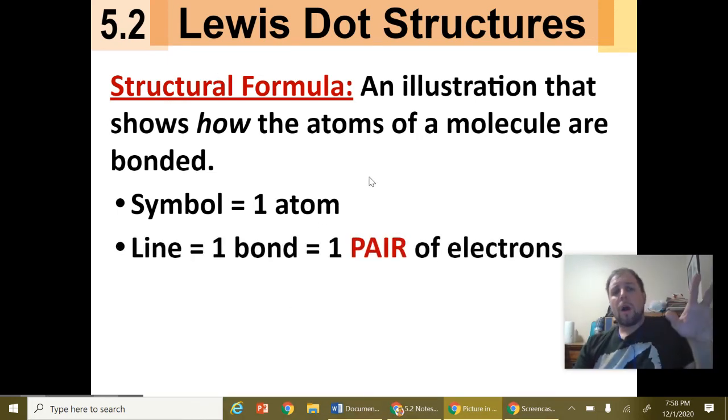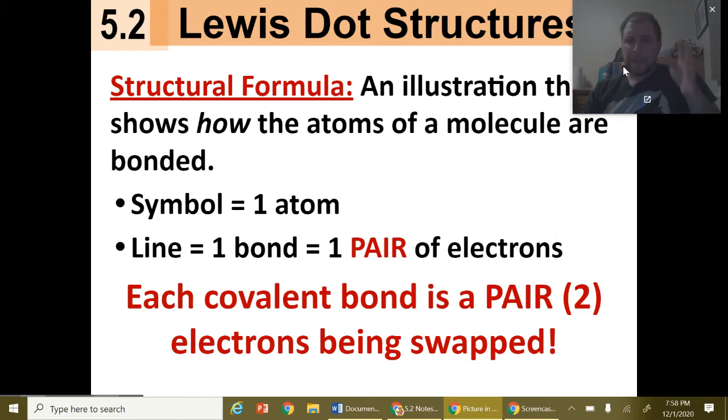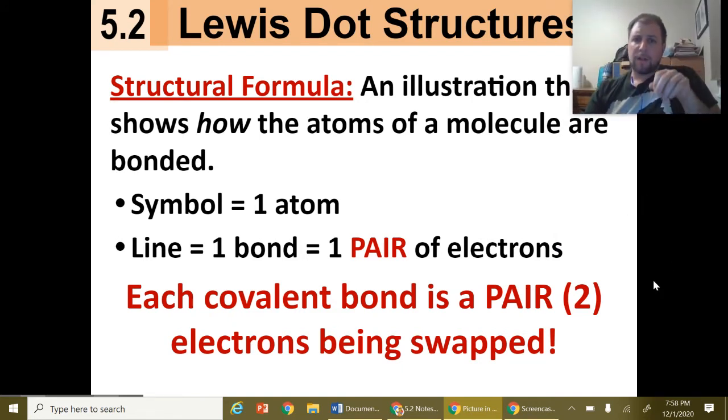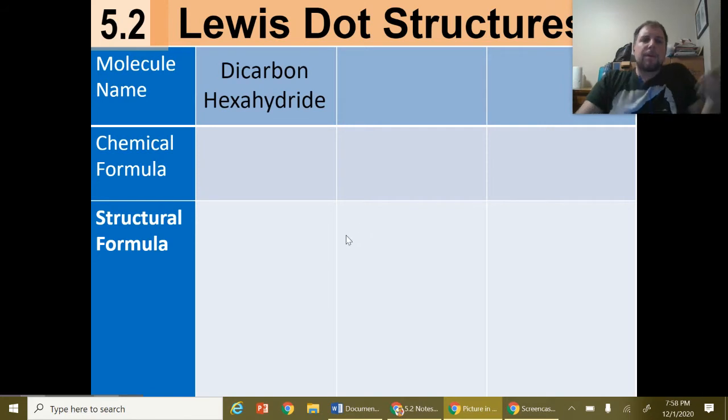And we use a line to represent a bond between those atoms, one bond made up of a pair of shared electrons. Something to keep in mind in the future: each bond is a pair of electrons being shared between two nonmetal atoms. Here's an example, dicarbon hexahydride.